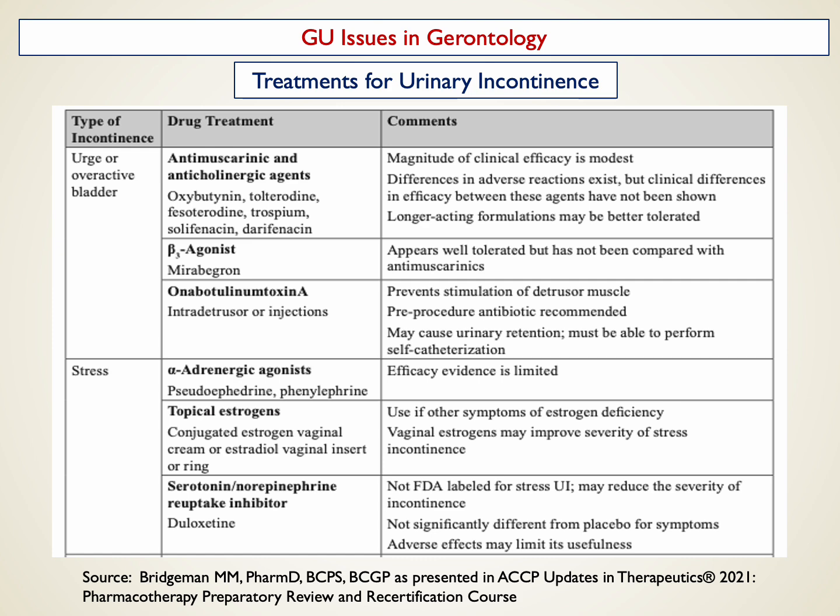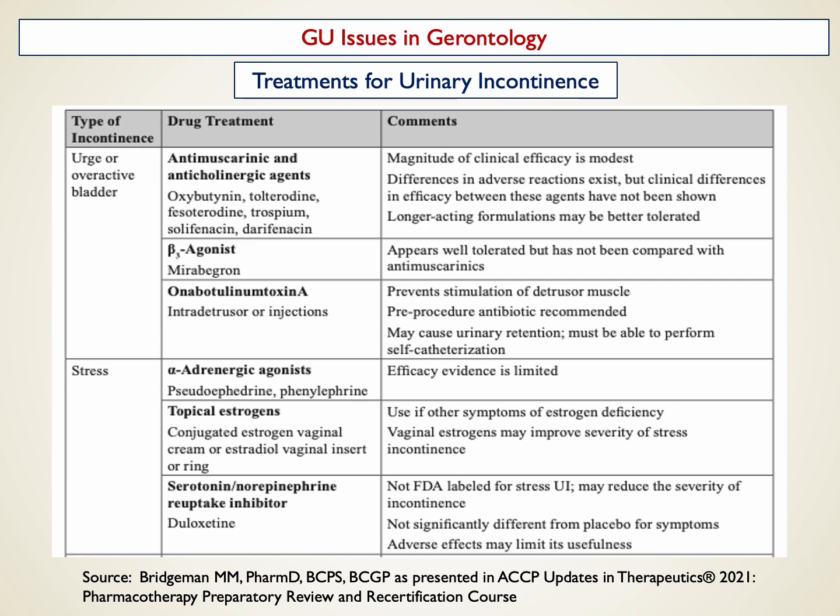We also talked about the treatment strategies for each of those when it comes to drugs. And for urge incontinence, we often look at antimuscarinics or the beta-3 agonist mirabegron, which is quite expensive, but avoids some of the antimuscarinic side effects. So that's important to consider as an alternative.